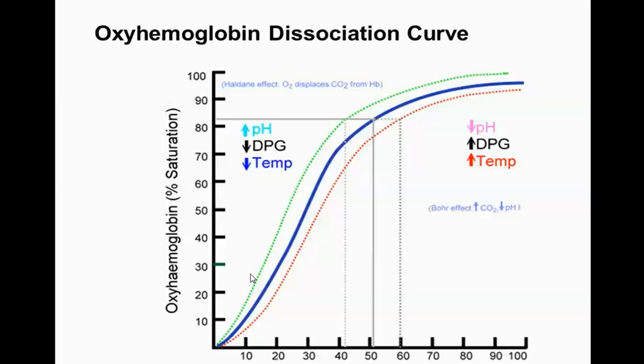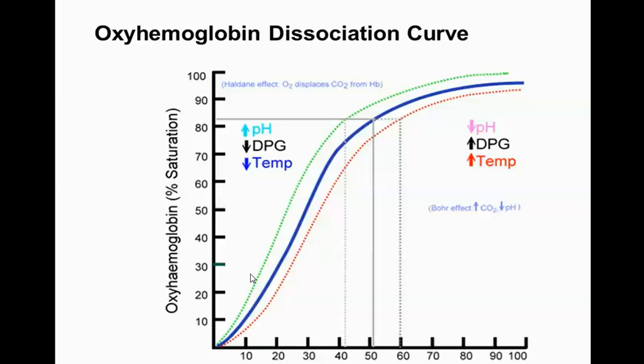Once attached, there will be a conformational change and the receptors will move out, so they can easily connect and bind to oxygen. So this is the plateau part, and this is the steep part after the conformational change, after the first oxygen molecule binds, and this is after which it is saturated.